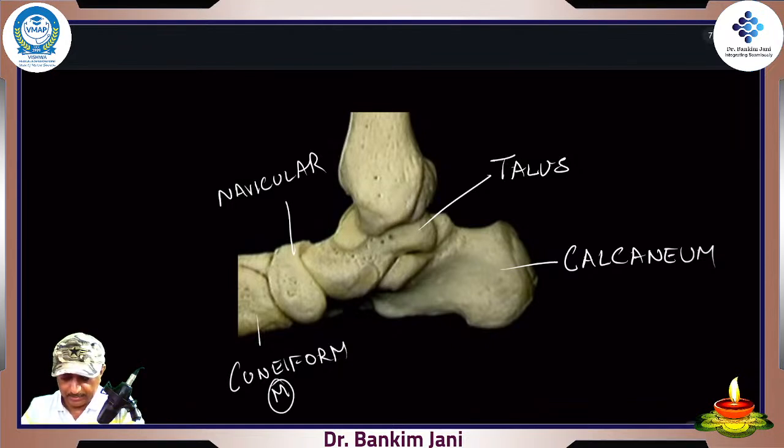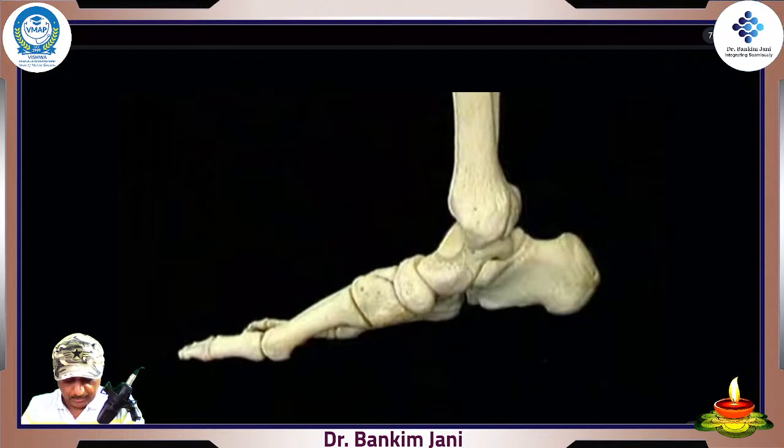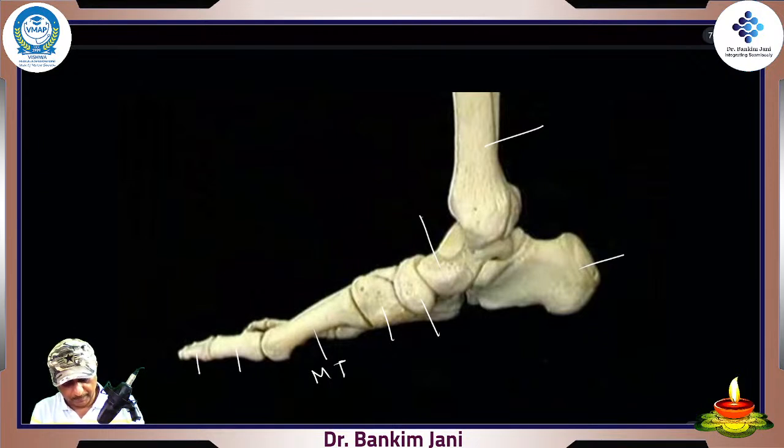This is a real bone. Another view, just for the practice. Now you know it, right? This one is tibia, this one is calcaneum, that one is talus, this one is navicular, and these are the cuneiforms, right? And that one is metatarsal, and this one and this one, that is the phalanx or the phalanges. Boat shaped navicular. Very right, Shruti. That is boat shaped. True.